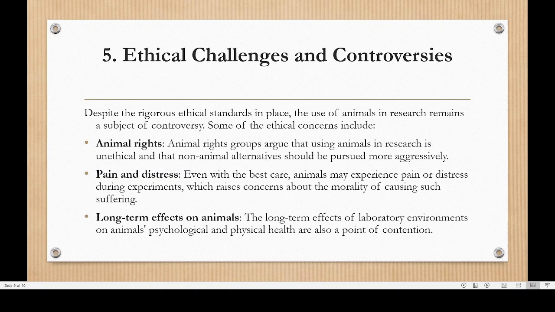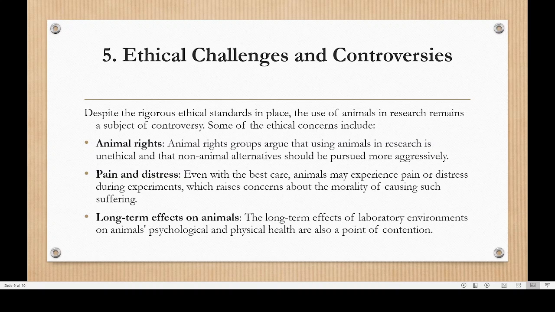And finally, the ethical challenges and controversies. Despite very rigorous ethical standards, the use of animals in research remains a subject of controversy. Some of the important ethical concerns: animal rights. Animal rights groups argue that using animals in research is unethical and non-animal alternatives should be pursued more aggressively.